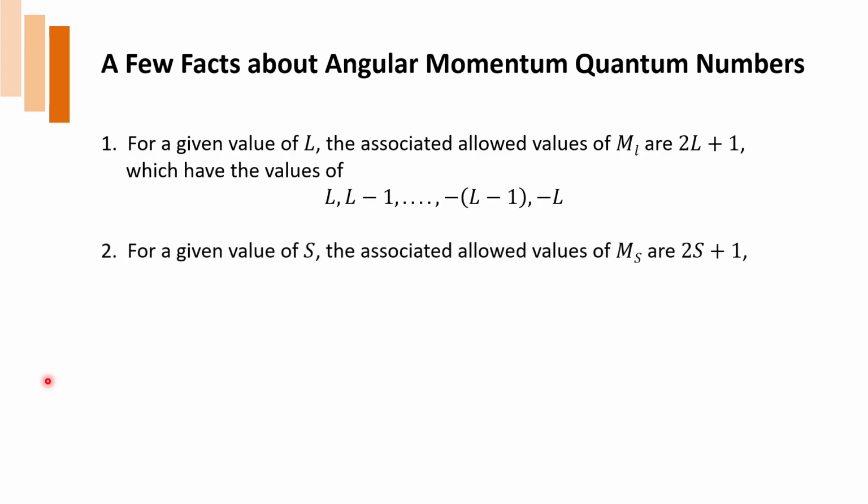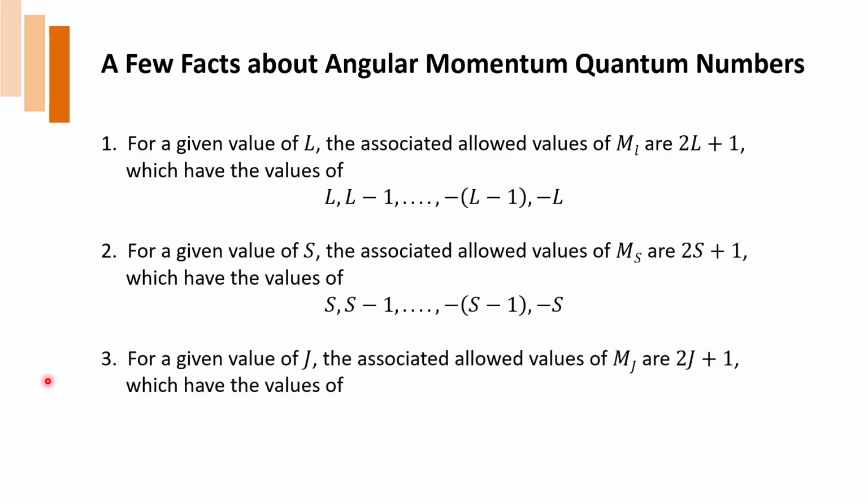For a given value of S, the associated allowed values of MS are 2S+1, which of course defines the spin multiplicity, going from S down to minus S. For a given value of J, which depicts the total angular momentum, the associated values of MJ are 2J+1, which go from J, J minus 1, down to minus J. So these are certain facts.